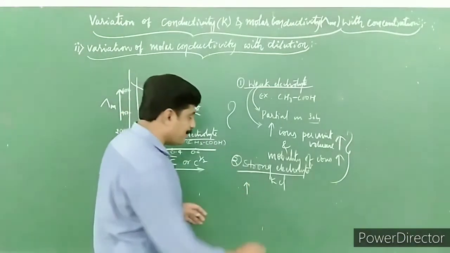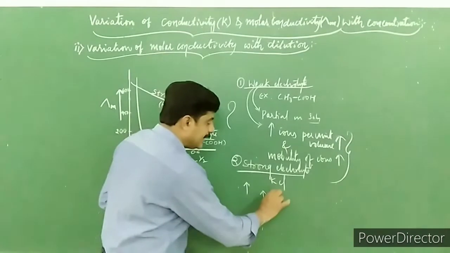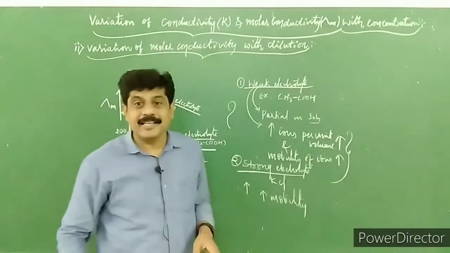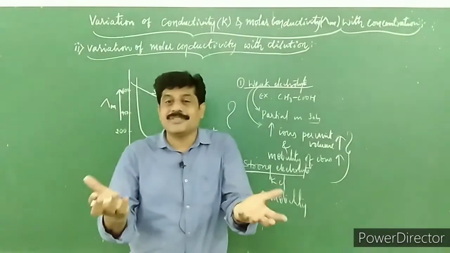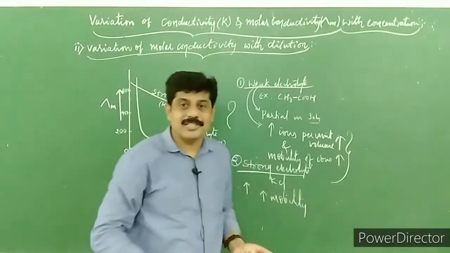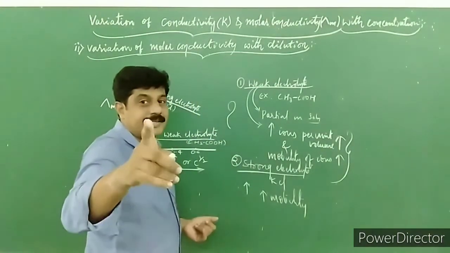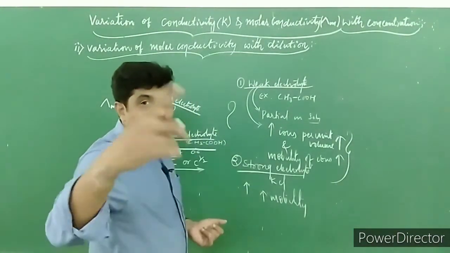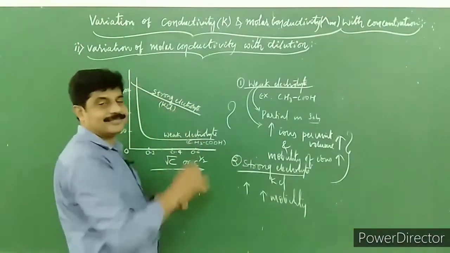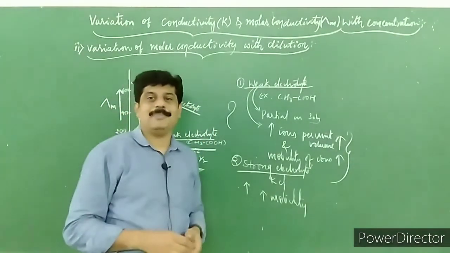But of course, the mobility of the ions increases because there is a decrease in interionic forces which are acting between the ions. Because of that only, children, molar conductivity increases on dilution for strong electrolyte, but it is gradual. That you need to remember.